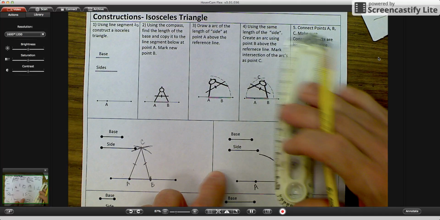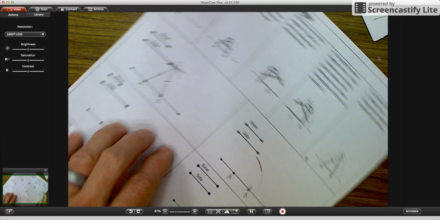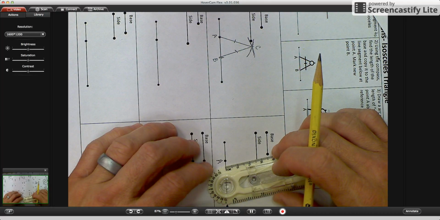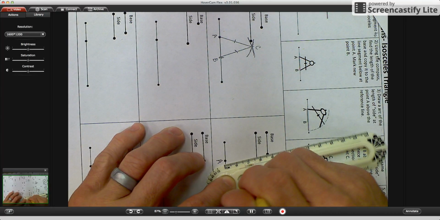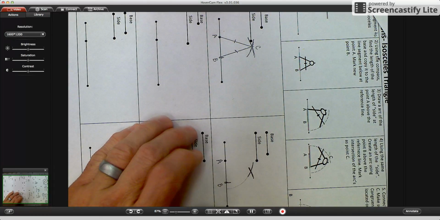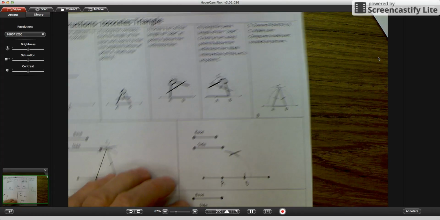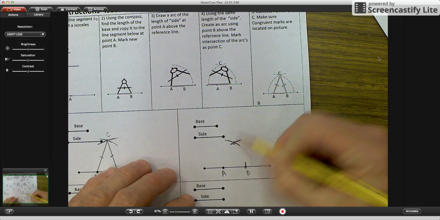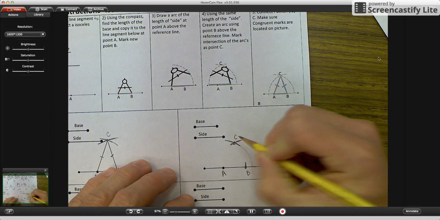And then we are going to rotate our paper. We are doing the same thing from point B, measuring the side length arc. That gives us our X, and that gives us our point C.